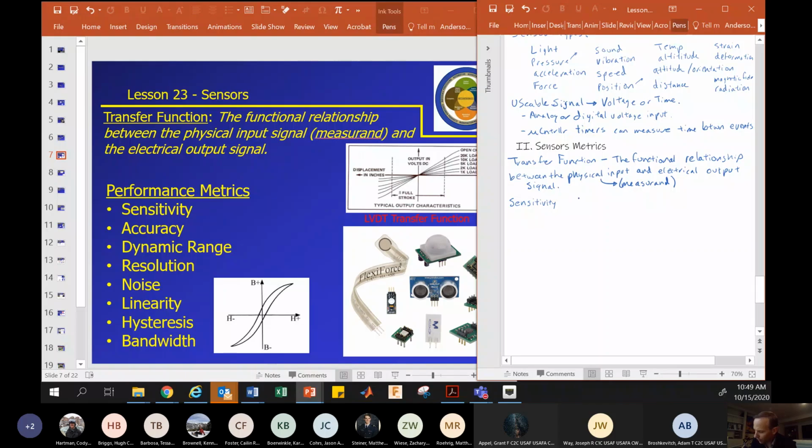So that's defined as the relationship between the input physical signal and output electrical signal.